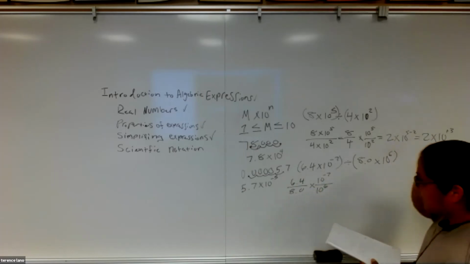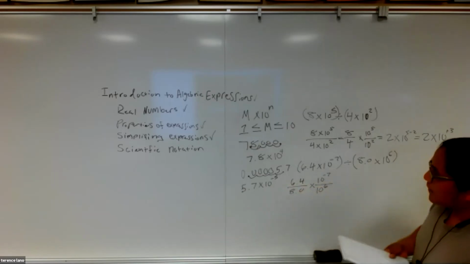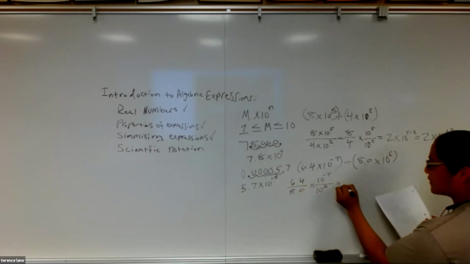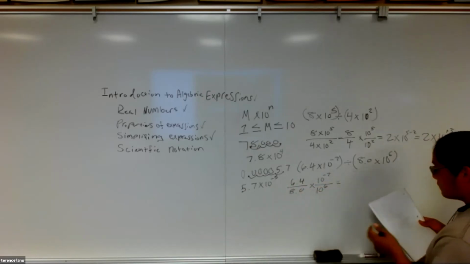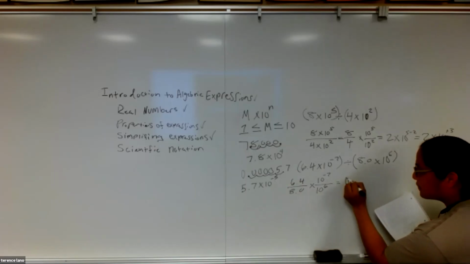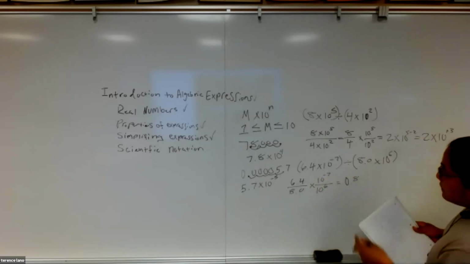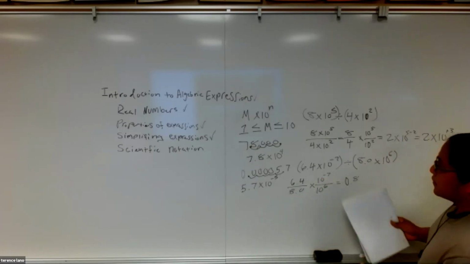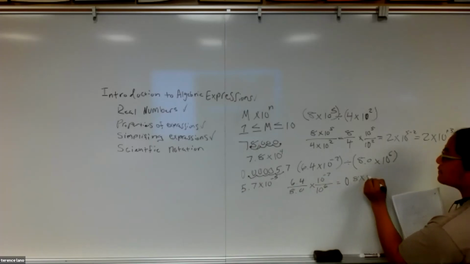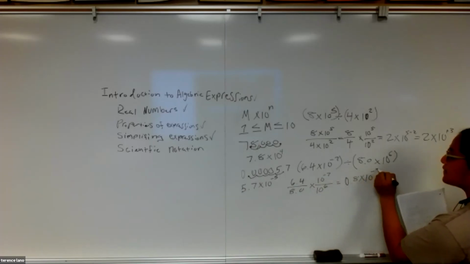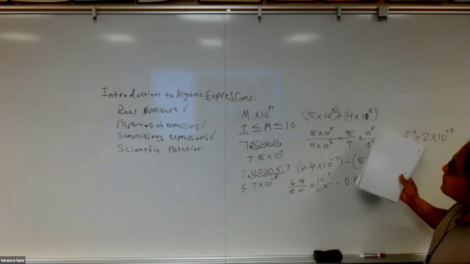And when we divide 6.4 divided by 8.0, that's going to give us 0.8. And we can carry over this times 10 to the negative 7, and it works the same way.